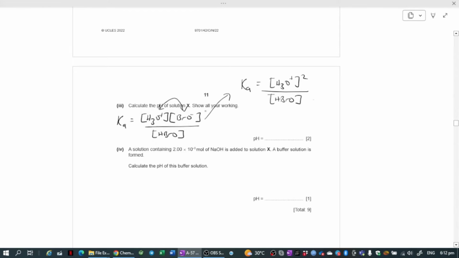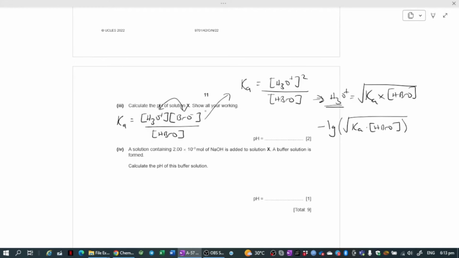So the concentration of H3O+ becomes the square root of Ka times [HBrO]. And pH is the negative log of [H+], so it becomes the negative log of the square root of Ka times the concentration of HBrO.